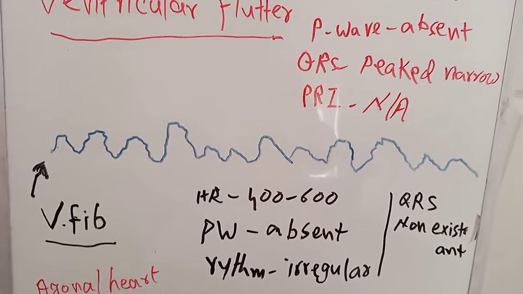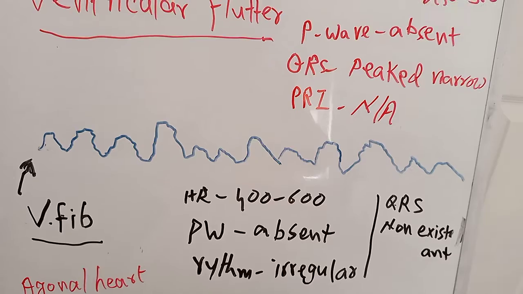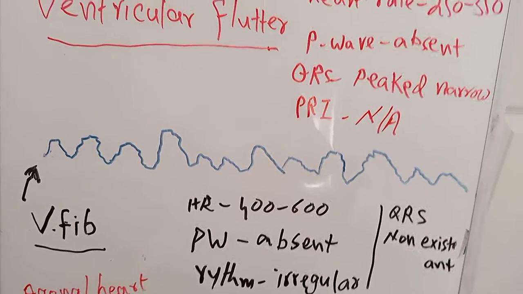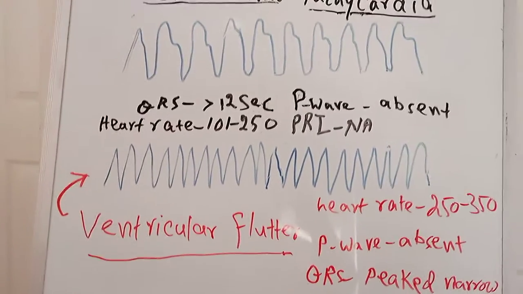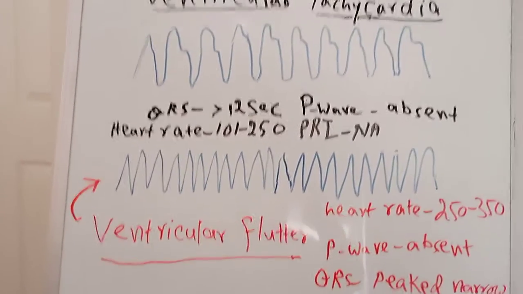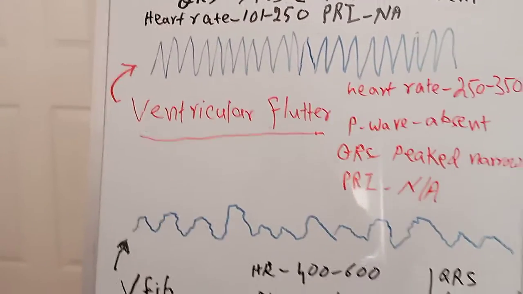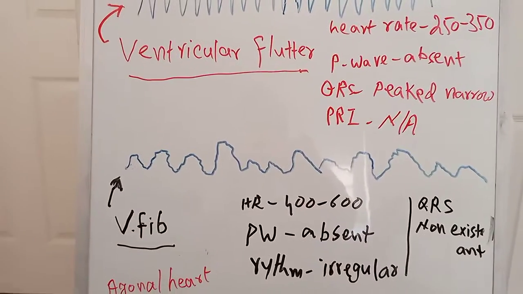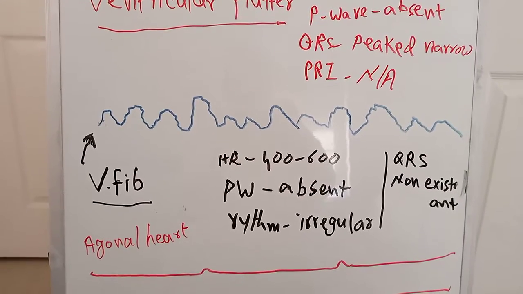But they should at least be familiar with important ECGs like ventricular fibrillation, ventricular flutter, and ventricular tachycardia. This is tachycardia, flutter, tachycardia, flutter, and fibrillation. They should be familiar with these plus myocardial infarction. This is taken as their extra qualification.